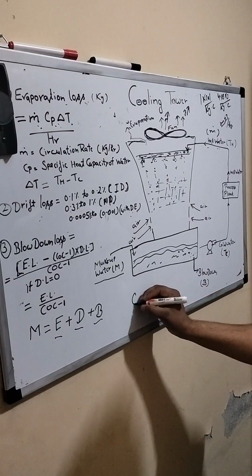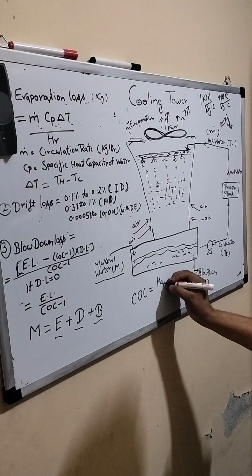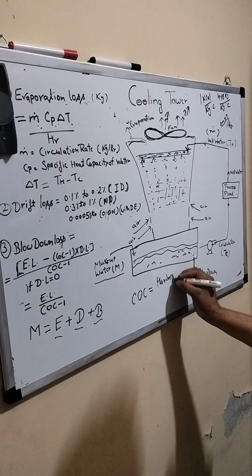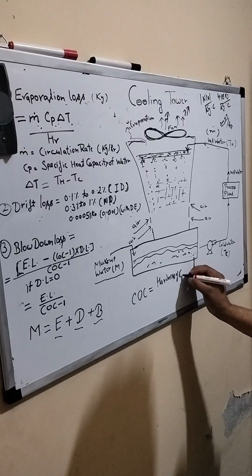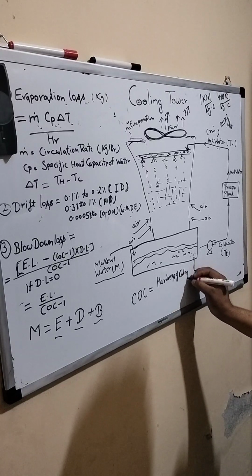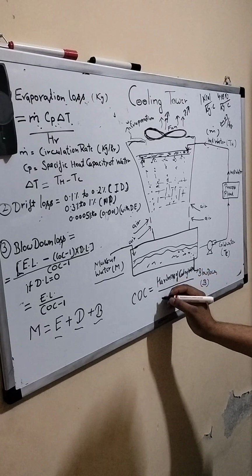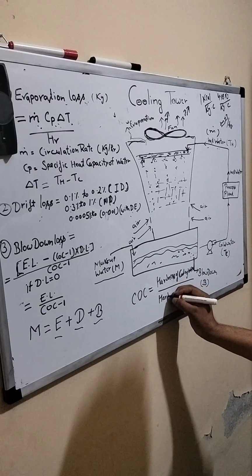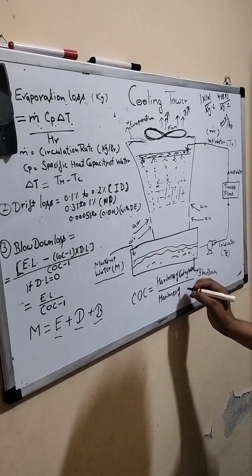How will you calculate COC? It is the hardness of cooling water divided by the hardness of makeup water.